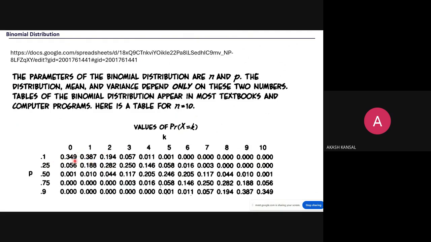If you see this table, intuitively it also makes sense, because if your probability is 0.1, then the probability of having zero successes is 0.34. So there is a 34% chance that you won't see any success in the 10 trials, right? But if your probability is 0.9, that means it's a highly likely thing, so your probability of getting 10 successes is 0.349, right? We'll see how we can derive it.